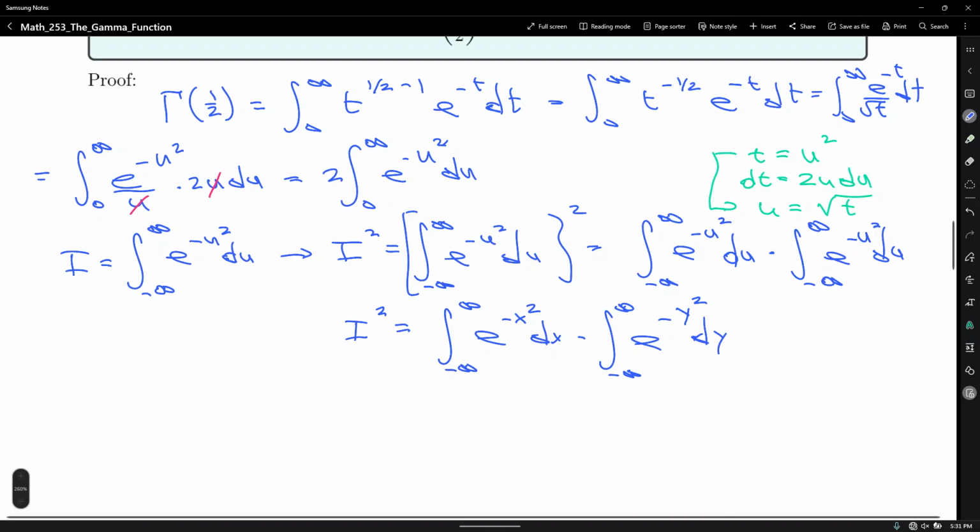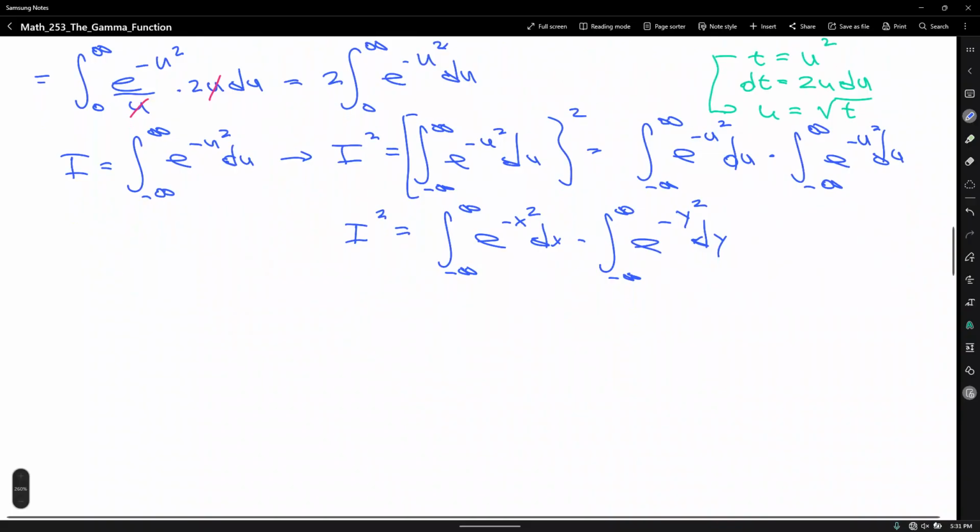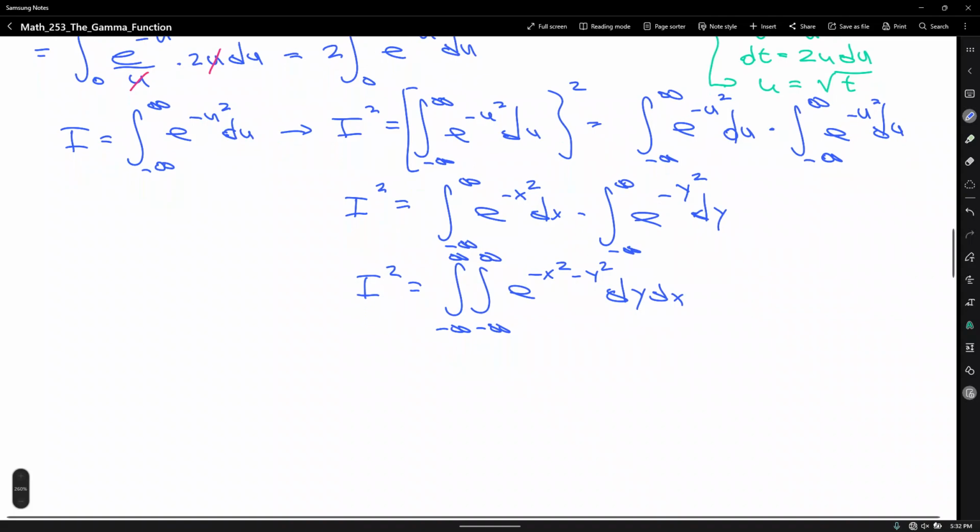Because now from Calc 3, whenever we have the product of two integrals where they are independent in their variables, we can write this in terms of a double integral, e to the negative x squared minus y squared dy dx or dx dy. The order doesn't matter.